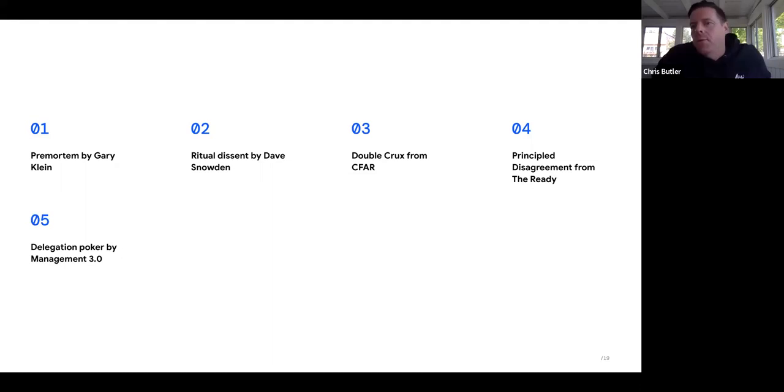Delegation poker is something I've used a lot to understand differences in understanding of a situation. This is very similar to planning poker, where if you're sitting around with a group of people and you want to ask, for this work item, what's the complexity, and everybody chooses, say, a number of 1 to 7 or a Fibonacci sequence or something like that, we all throw our cards down at the same time. It's not so much about when we agree. When we agree, we just move on.